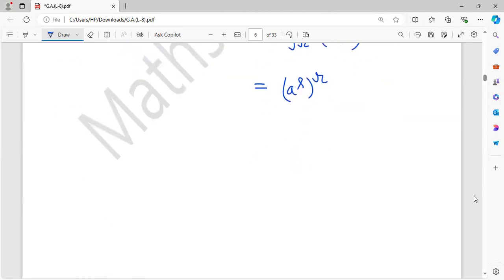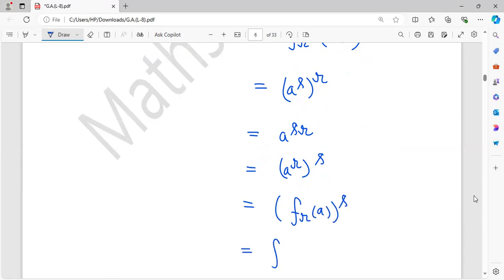Now I can write this as A to the power sr. Now I can write it as A to the power, F_r of A to the power s. Now what is this?